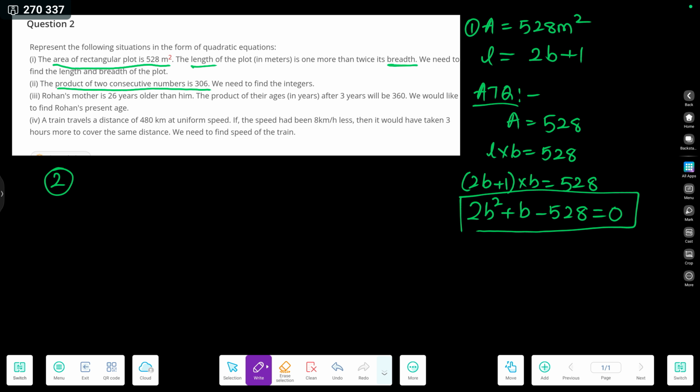We need to find this, as in the last chapter on pair of linear equations.